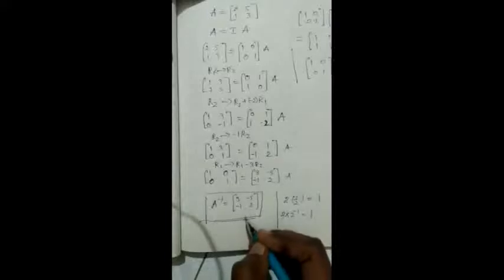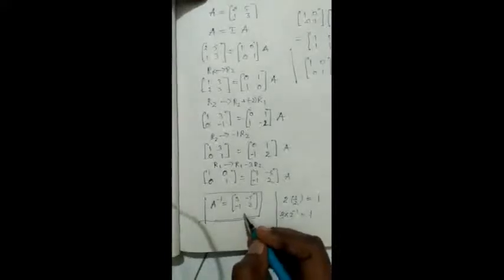Okay, suppose if you are having any confusion, or if you want to check whether the answer is correct or not, you can go with this one also. What is that? A and A inverse, if you multiply both, your answer will be I. You can check it.